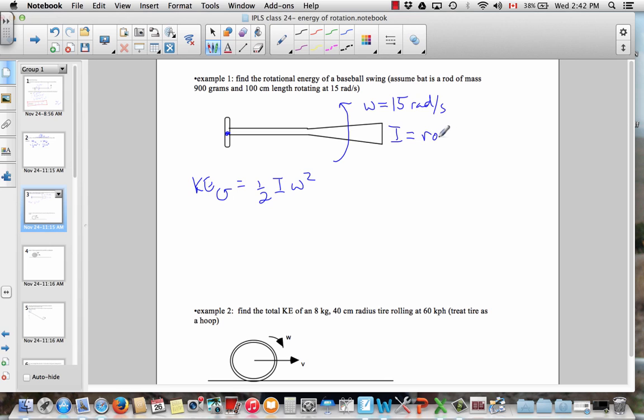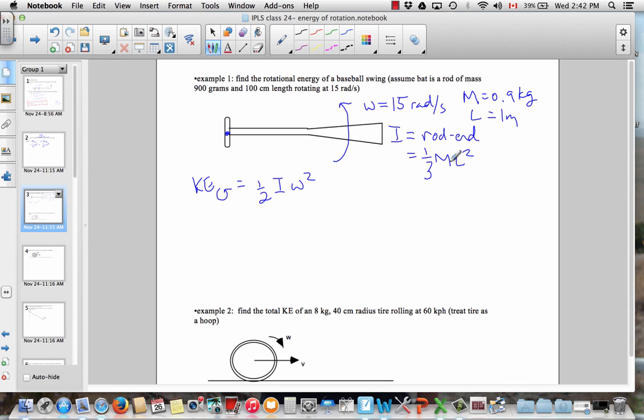We're going to treat the baseball bat as a rod pivoted about the end, for which the inertia is 1/3 m L squared, where m is the total mass of the object, and that's given as 0.9 kilos or 900 grams, and L is the total length of the bat, which is given as a meter. So this has now been reduced to a calculation.